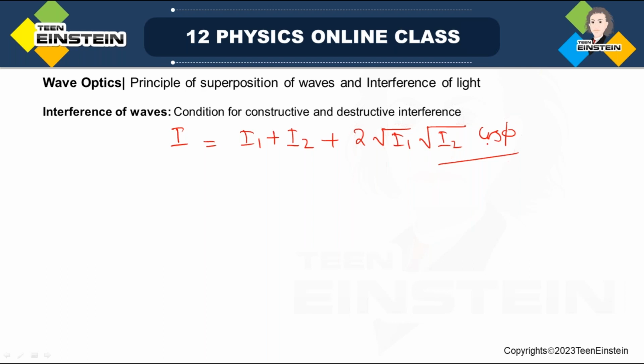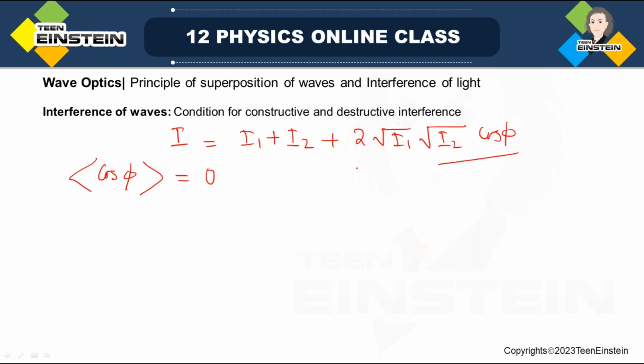This cos phi term is very, very important, because interference depends on this phi alone. Now if this cos phi changes randomly, then if we take the average of that, that will give you 0.